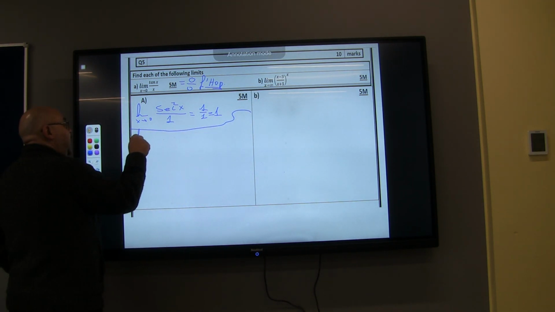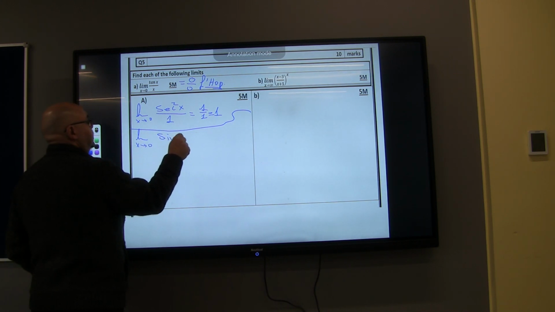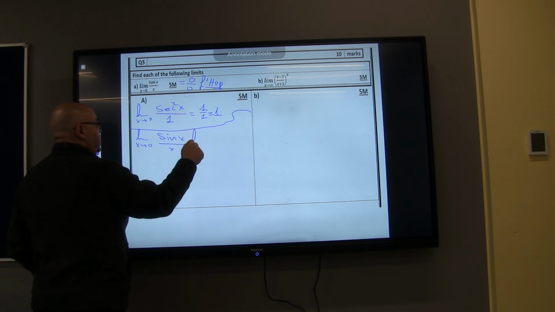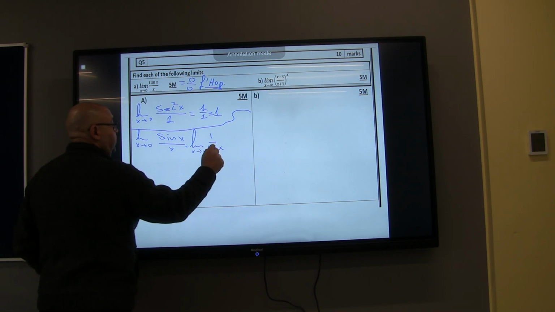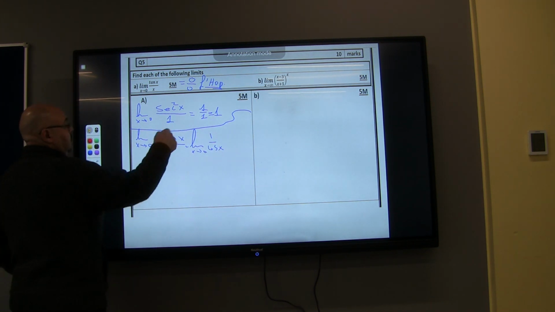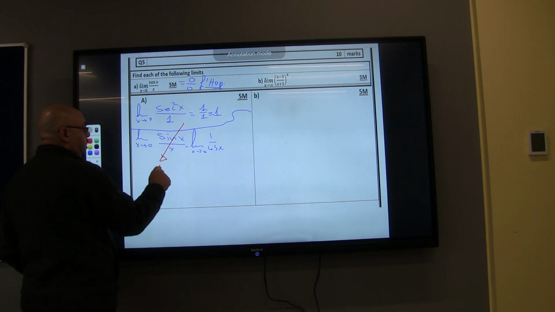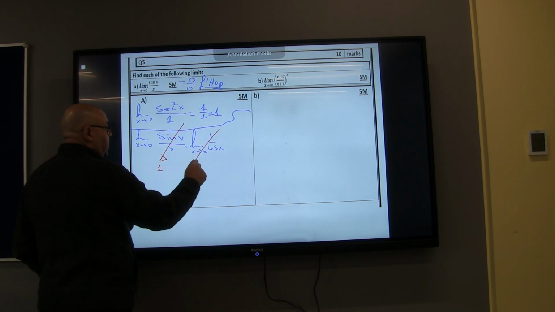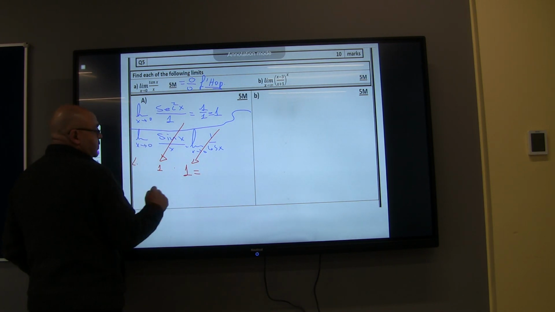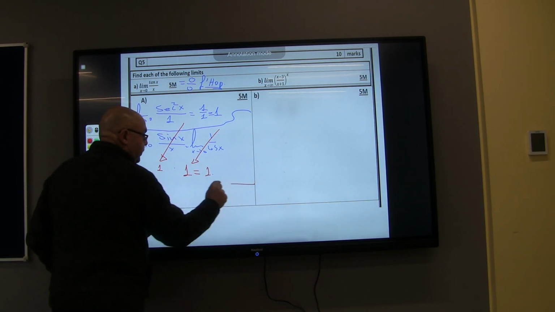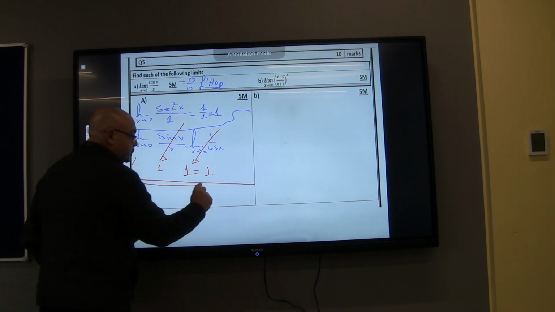Also, we can separate this problem, limit x tends to 0, to be sine of x over x times the limit of x tends to 0 of 1 over cosine of x. Once you start substituting, you will find this function is equal to 1, that's also equal to 1, and the limit for this function will equal simply 1.